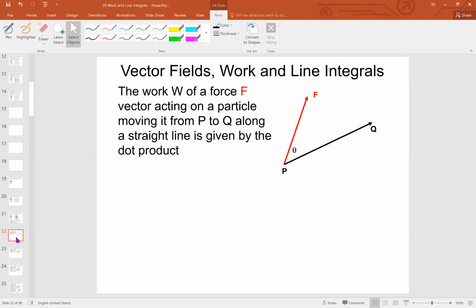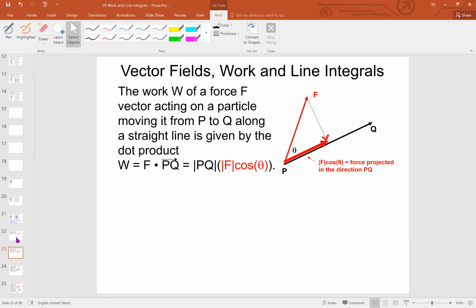Then I have the point P to Q, which is the displacement of the object by the force. Since the directions of the force and the displacement are different, the force acting along the direction of motion is not the entire F. In physics, it turns out to be the projection. So we have the vertical projection, and that's the force applied in the same direction as PQ.